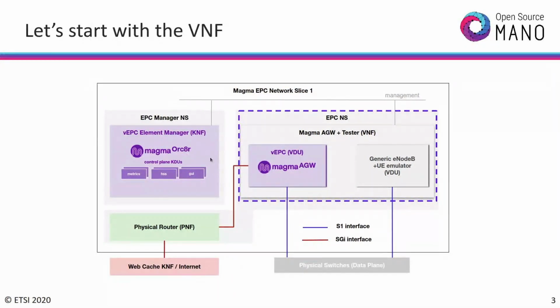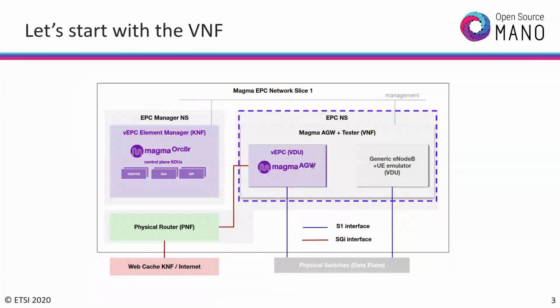And this access gateway will be configured by this VEPC element manager, eventually, when we launch this KNF or CNF. So we have two network services. One is built from this first VNF, which has the access gateway and an emulator of Node B and UE.